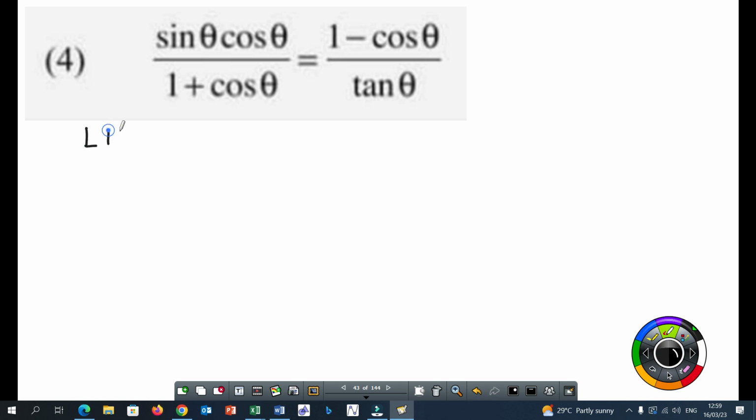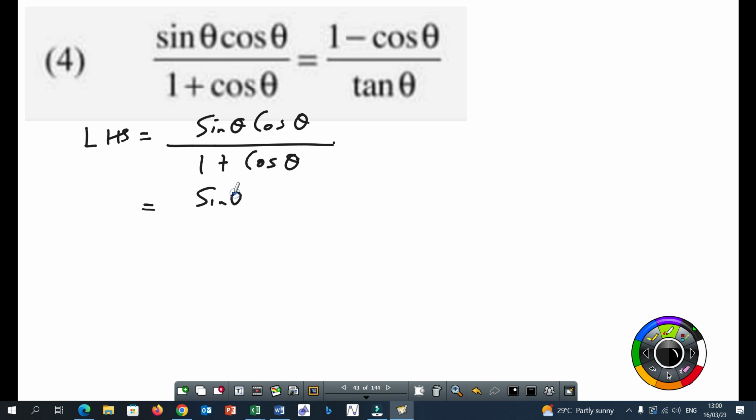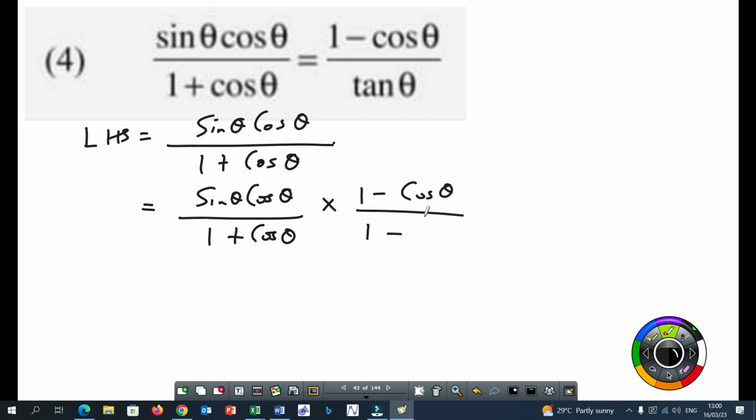So the left hand side, we have sine theta times cos theta all over 1 plus cos theta. This will be equal to sine theta times cos theta over 1 plus cos theta times 1 minus cos theta over 1 minus cos theta.